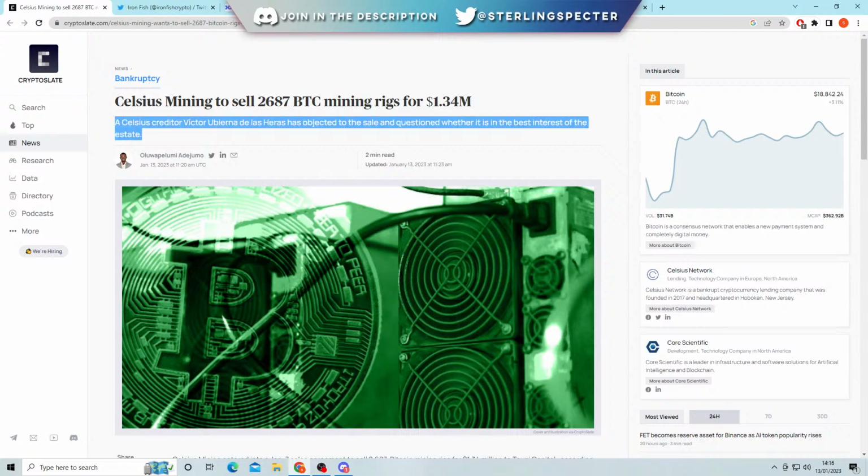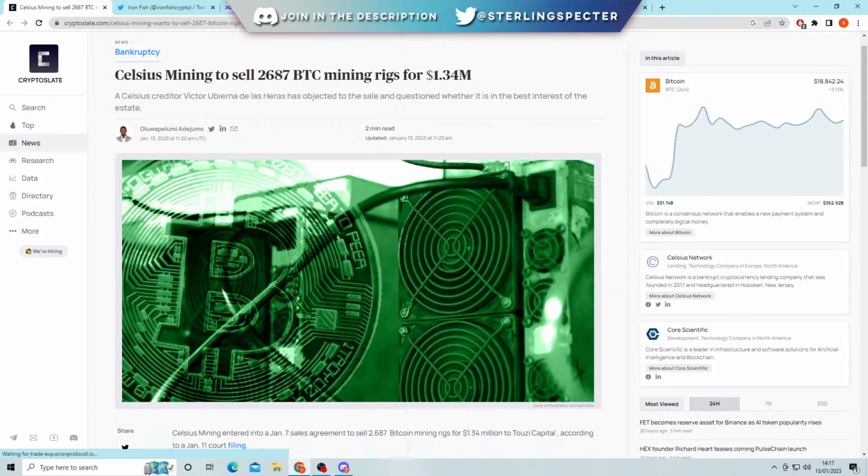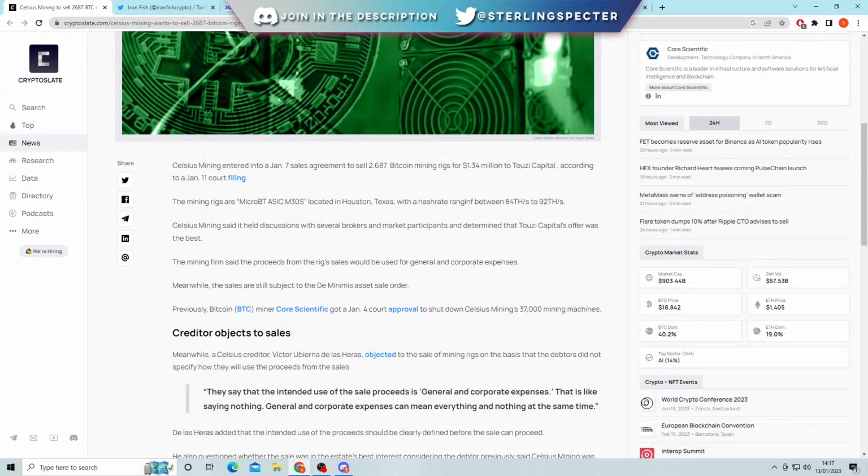So a Celsius creditor has objected to the sale and questioned whether it's in the best interest of the estate. Celsius Mining is one of those big mining firms out in, I think it's in Texas, I believe. Anyway, they entered into a January 7th sale agreement to sell 2,687 Bitcoin mining rigs. We just worked it out, it's like $500 per rig.